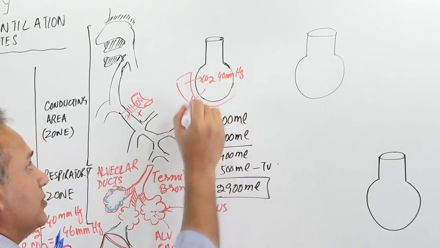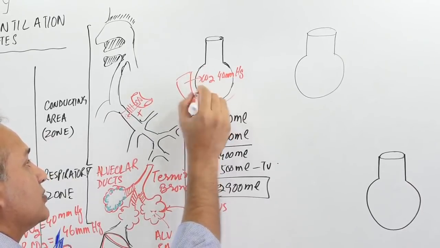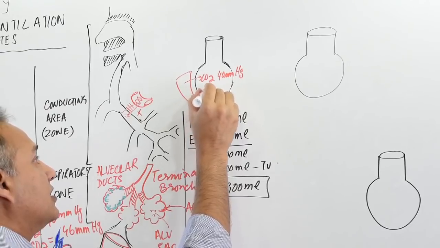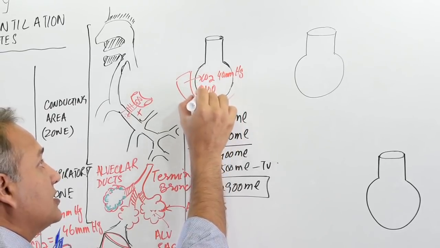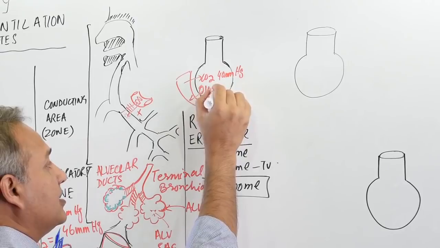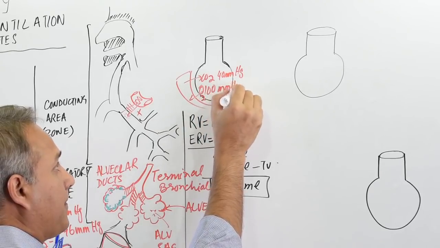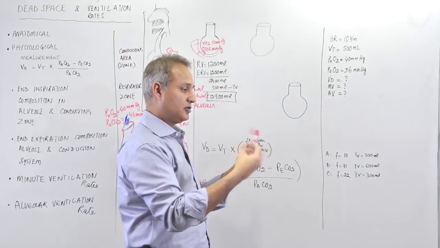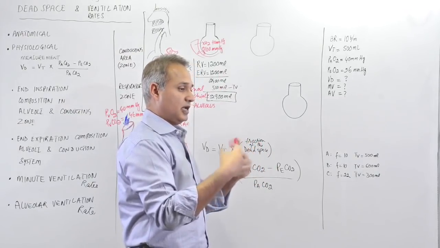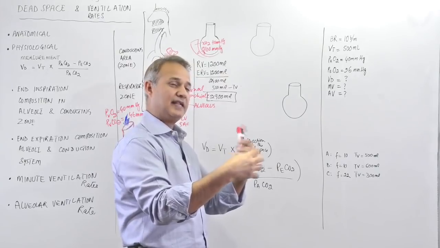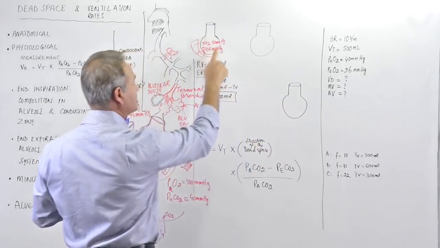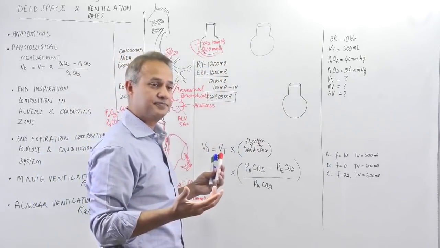Oxygen is taken up by the blood, so let's say that the oxygen pressure left here is 100 millimeter of mercury. Now that is the situation. So I took a breath, and now the exchange is happening. At the end of that exchange, before I exhaled, this is the composition of the gases.